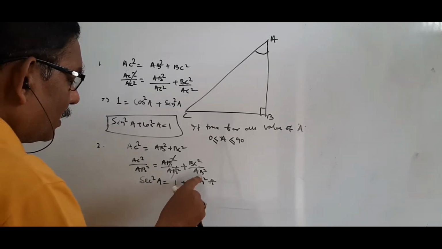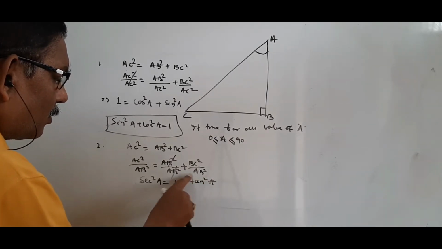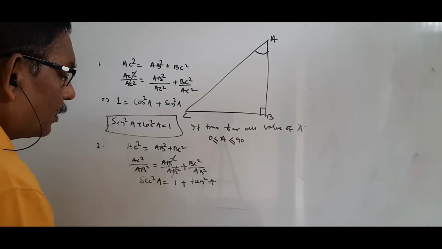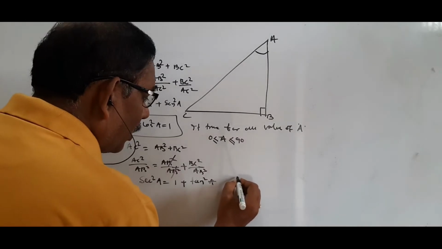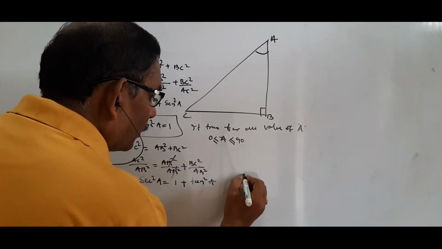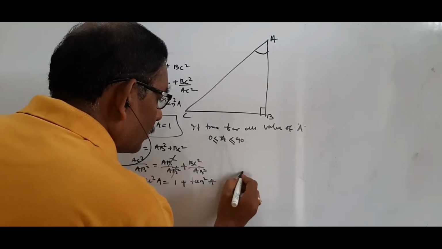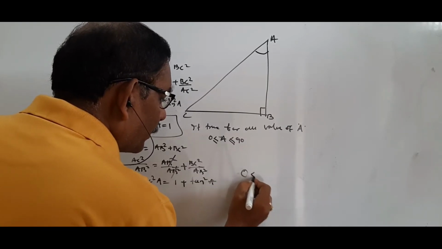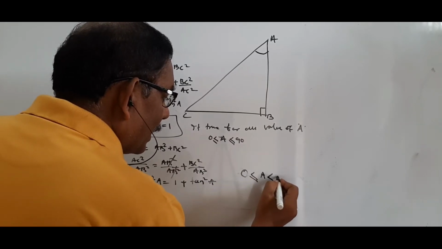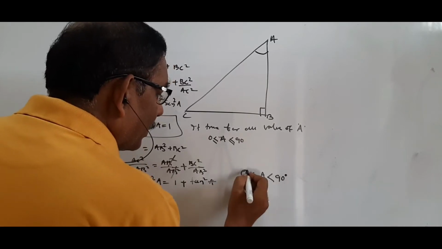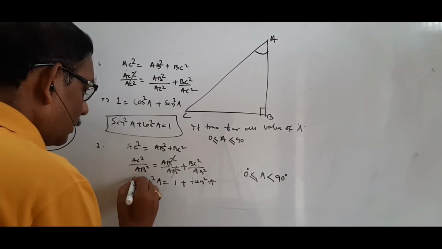Similarly, sin 90 is equal to 1 and cos 90 is equal to 0. So it is not true for theta equal to 90 degree. So to write down, this is valid for the condition 0 less than or equal to A and A less than 90 degree. It is valid for this angle range only.